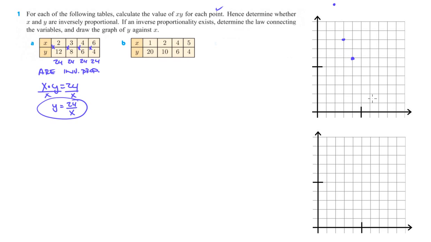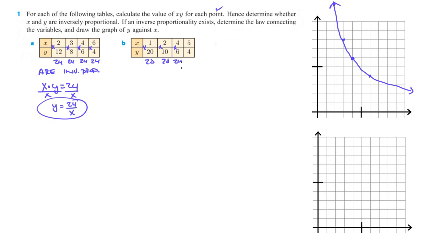And then 6 is at 4. Okay, so it's going to look something like that. There's our graph.